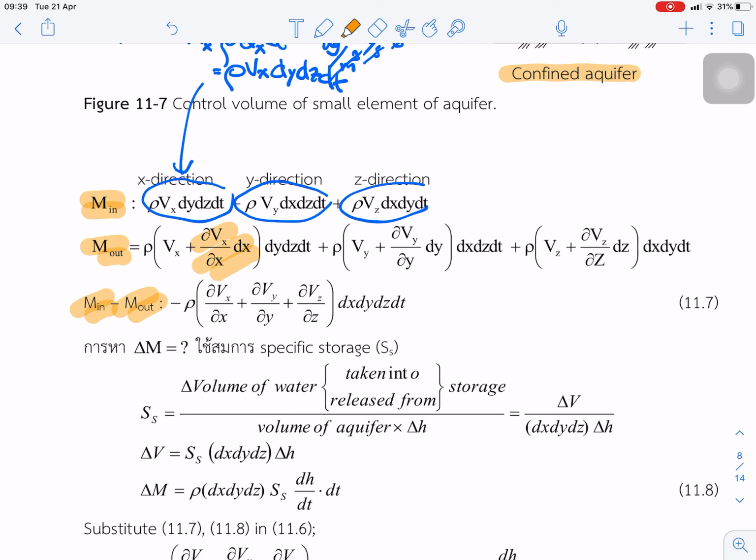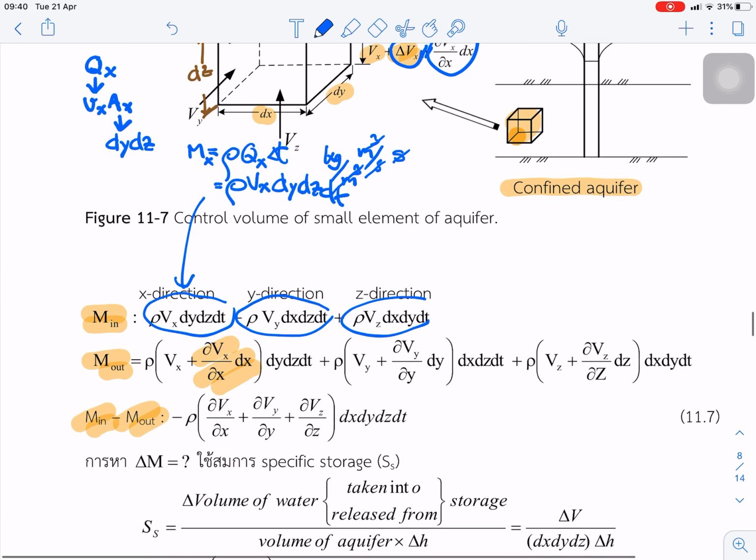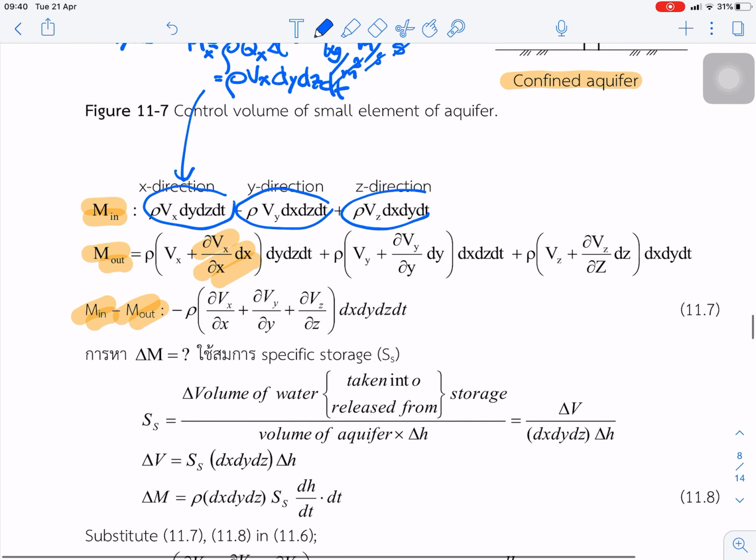And for delta m, you have to apply this equation. This is conservation of mass. So we just finished the left hand side, m in subtract m out.